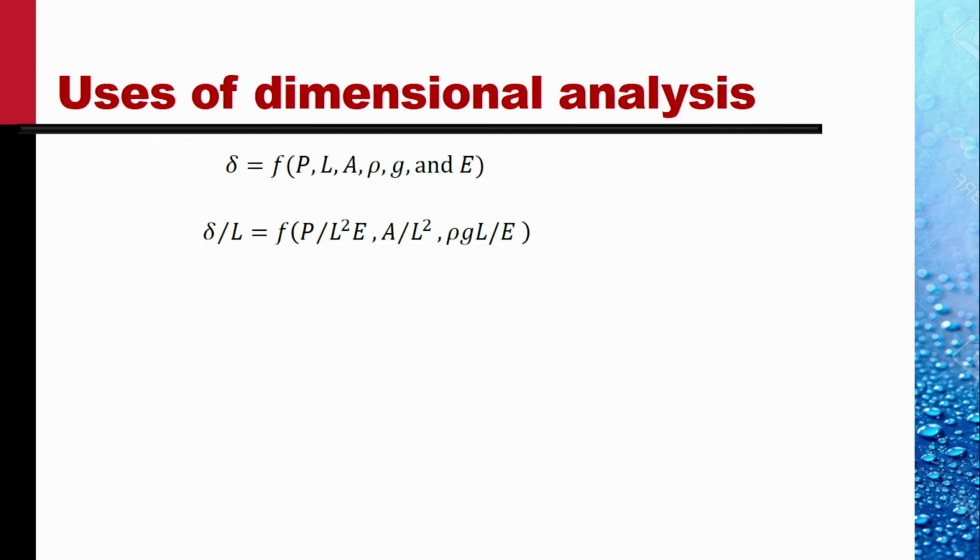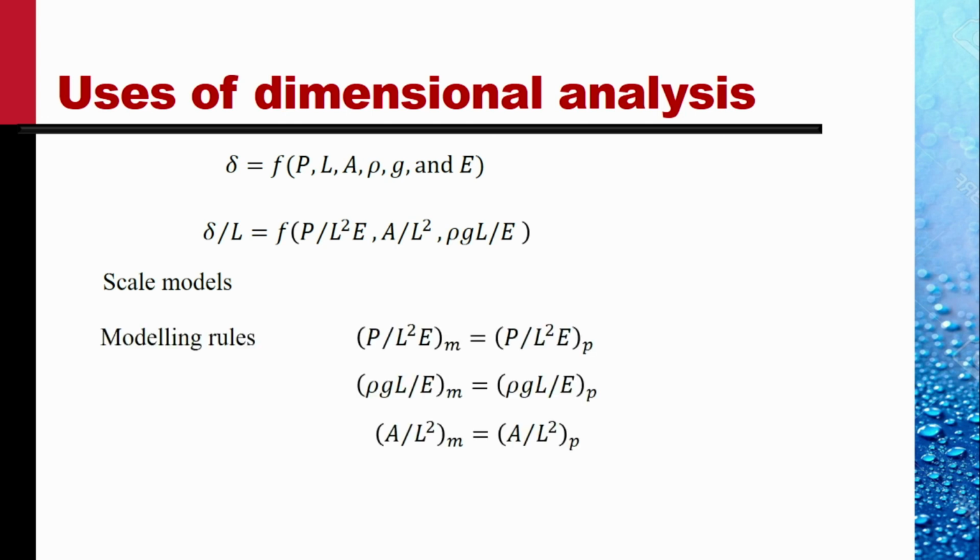The functional relationship between delta and the 6 independent parameters has now changed into a functional relationship between delta by L and 3 independent groups of non-dimensional parameters. This decrease from 6 to 3 represents a substantial advantage to the researcher, to the person solving the problem. We can construct scale models.